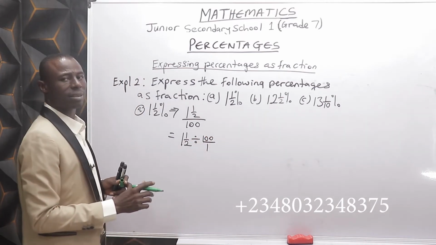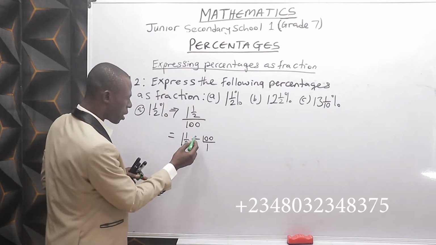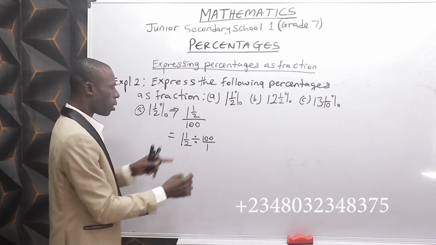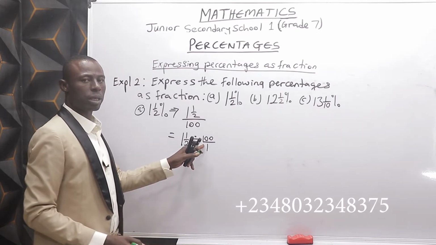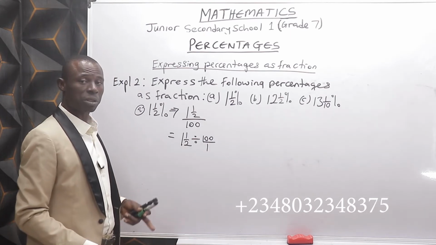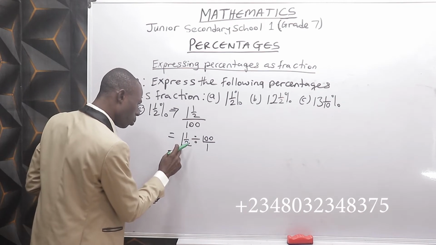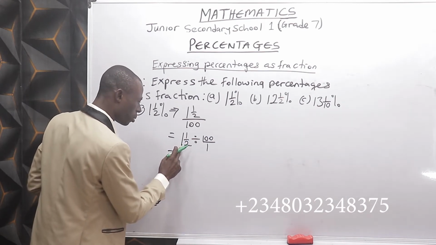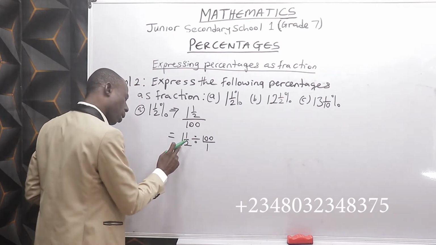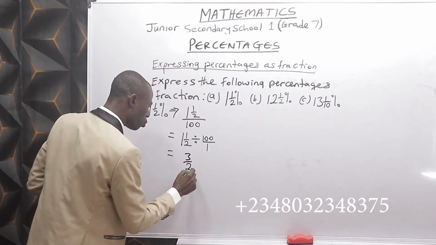See what I write? You change this division line to a division symbol, as 100 will be over 1 here. And if you don't put anything under the 100, it's the same thing. So now change 1.5 to an improper fraction, which is 2 times 1 is 2, plus 1, 3 over 2.